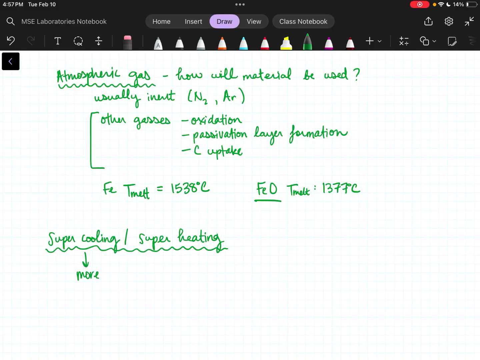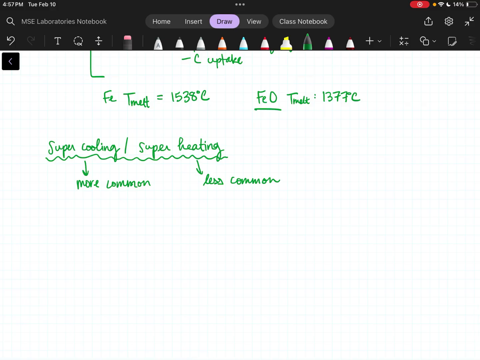Because supercooling is more common and superheating is less common, we usually trust a heating cycle more than a cooling cycle.